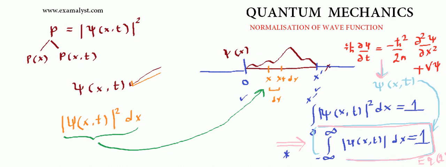I hope you understood. This is a mathematical statement: any solution of Schrodinger equation must satisfy the normalization condition. I hope in the next lecture we'll discuss more on quantum mechanics and wave function.